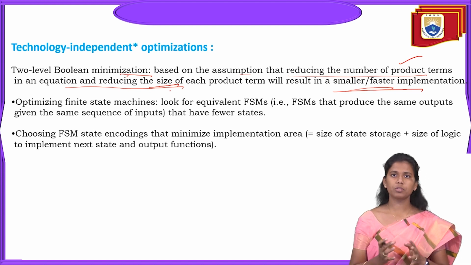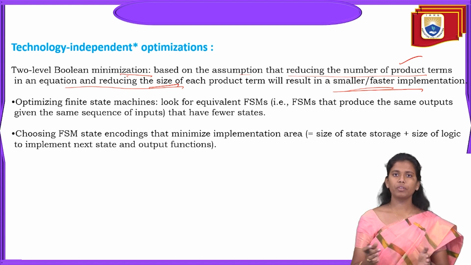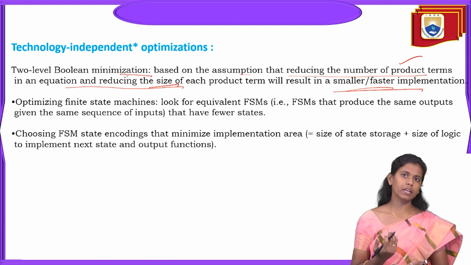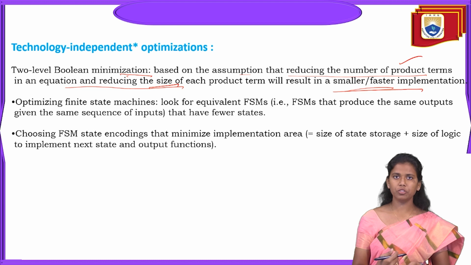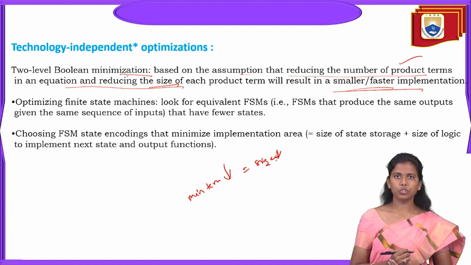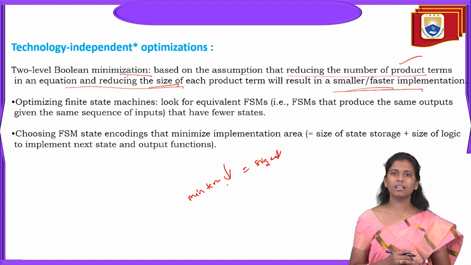Obviously, when the number of product terms is reduced, the size can be reduced. So this is one of the criteria we can consider if we go as per the technology independent optimization.